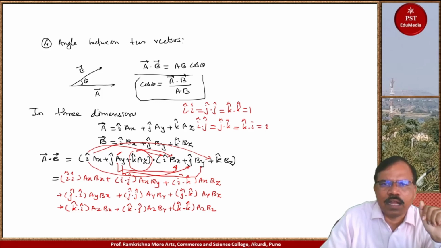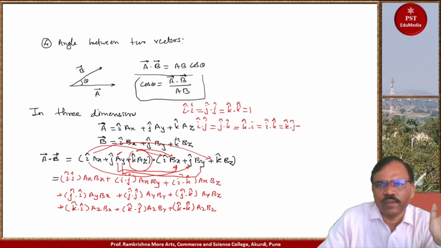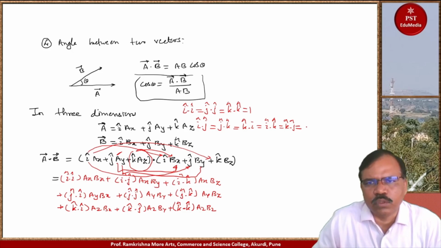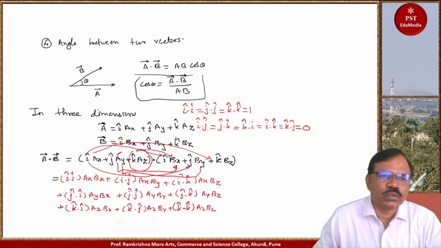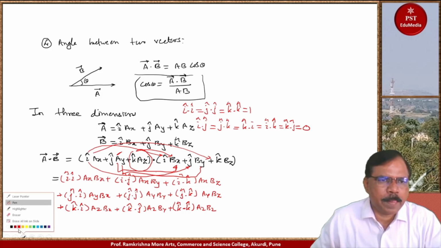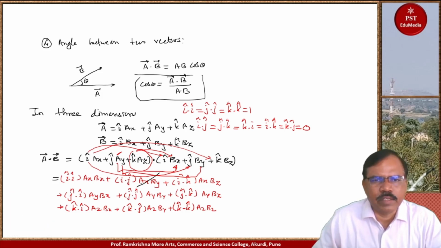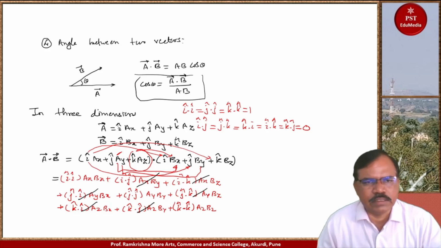And I dot J is equal to J dot K is equal to K dot I, or you can take I dot K or K dot J. Since they are mutually perpendicular, their dot product is 0. So if we take this one, the second will go, third will go, this one will go, this one will go, this one will go, this one will go, because they are 0 now.